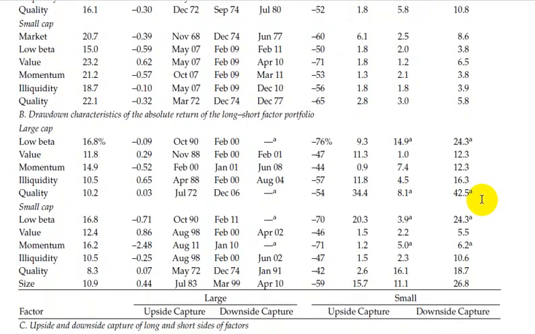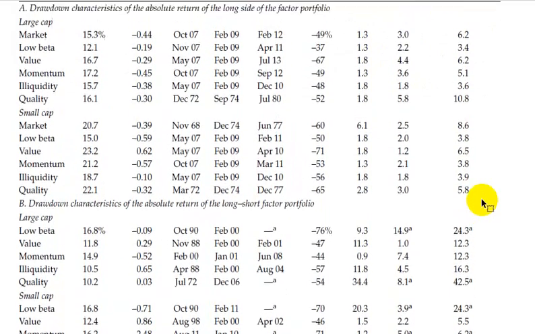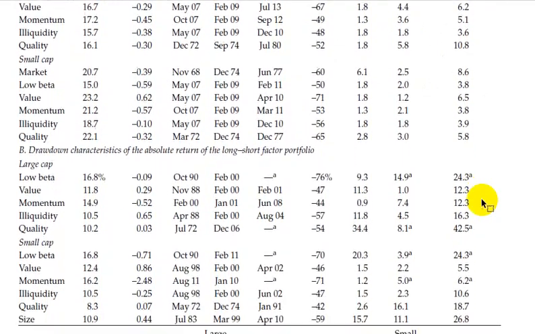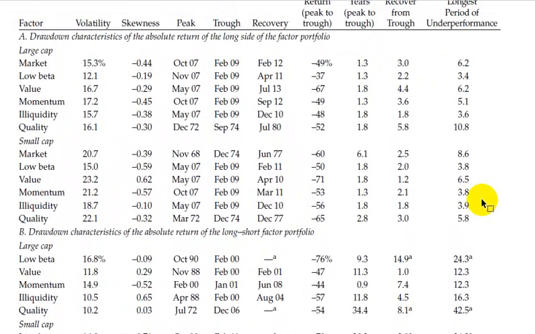And then the long short portfolio. It's by going long that factor and short the opposite side of that factor and owning a zero cost portfolio. And just from a quick glance, this low beta portfolio provides significant risk.